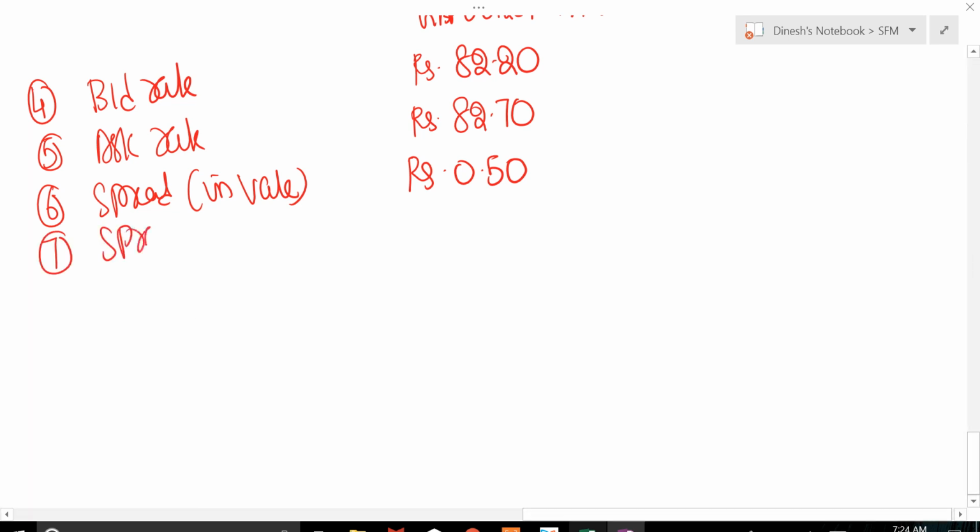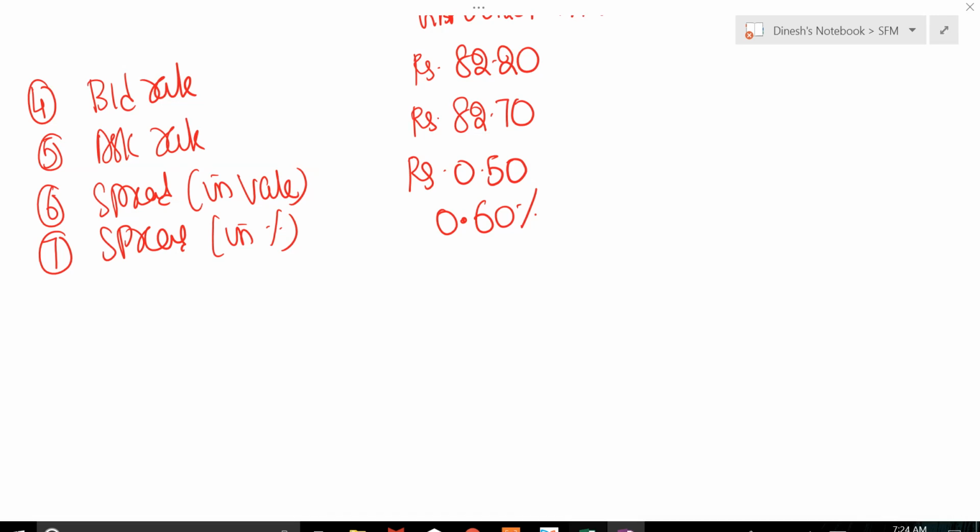Spread in percentage, you divide by what? 82.70 into 100 to get it in percentage. How much percentage? 0.60 percentage. 0.5 divided by 82.7.